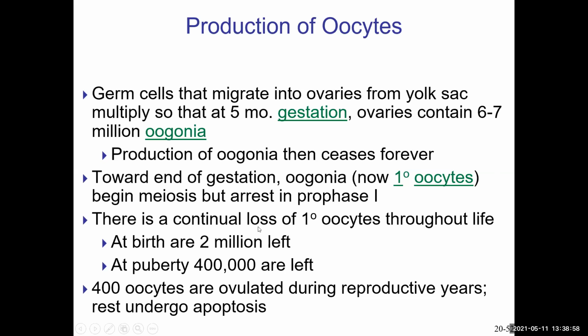At puberty, you have 400,000 left, and you are still losing them every month. Over the whole reproductive age, you will release only 400 eggs on the ovulation day.